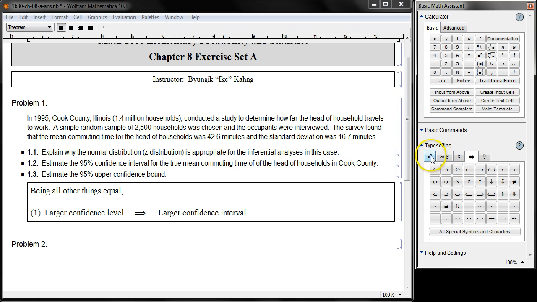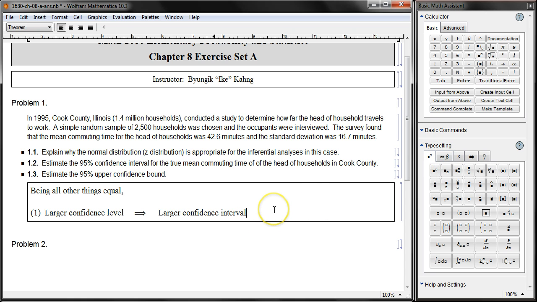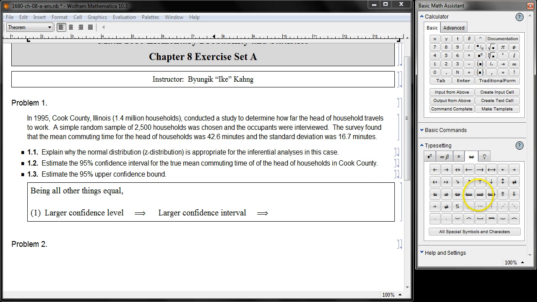Larger confidence interval, and that leads to larger margin of error.